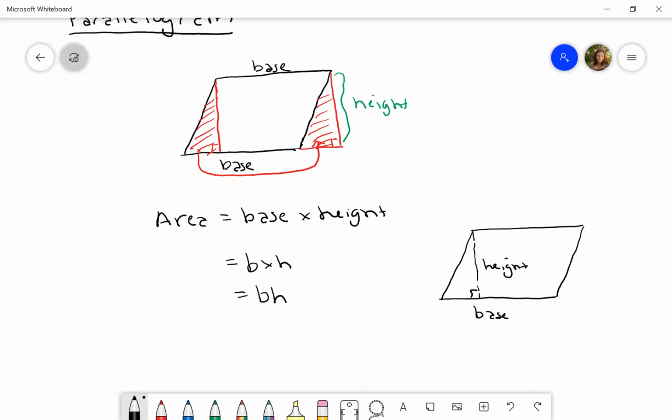So we'd have to be given this information in order to be able to find this, or be given enough information for us to determine the area of this.